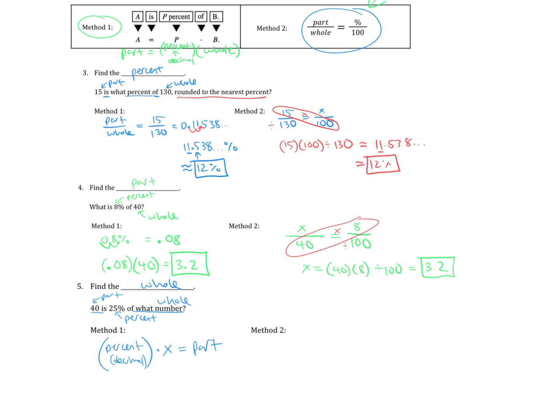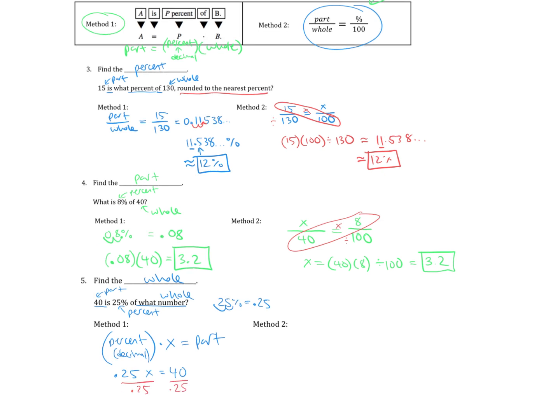So this time 25%, if I move the decimal 2 places to the left, I get 0.25. So 0.25 is the percent. The whole I don't know, so I'm going to call it X equals the part, which is 40. And now I just have to solve this equation by dividing both sides by 0.25. And we get X equals 160. So 40 is 25% of 160.